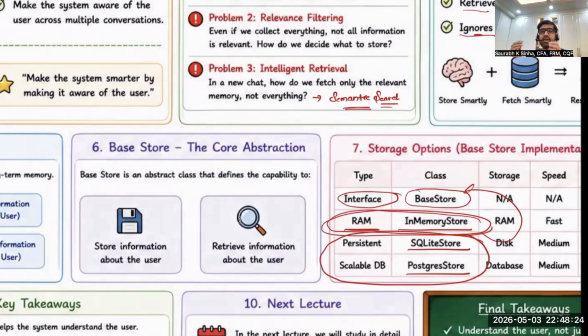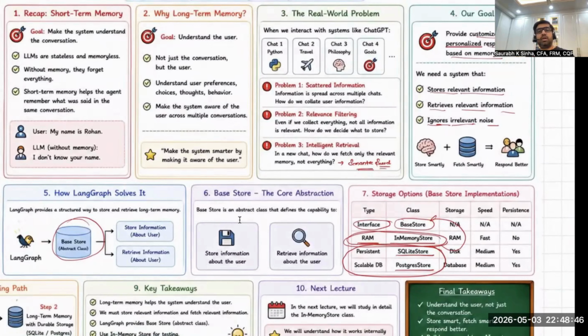They inherit BaseStore to implement long-term memory with RAM and long-term memory with durable persistence. We'll see in the next lecture how the BaseStore class has been implemented. Now we have clarity: short-term memory understands the conversation, long-term memory understands the user. And to implement long-term memory, we use BaseStore as the core abstraction class.